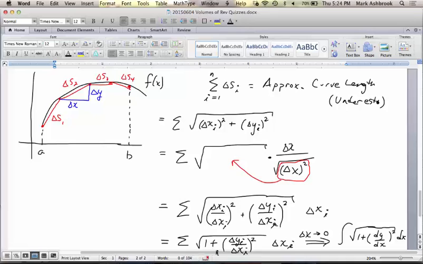So this whole thing, this was just delta s, right? This was just our changing around delta s, becomes the integral of the square root of 1 plus the derivative squared, dx. And now our bounds, we can go from a to b, because it's in terms of x now. So that's the length of our curve.